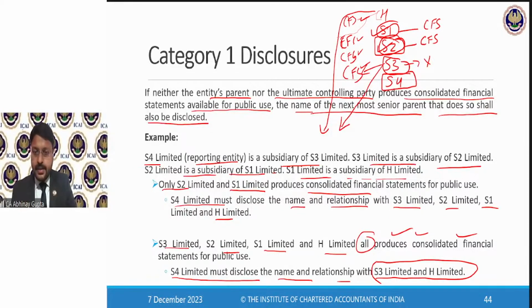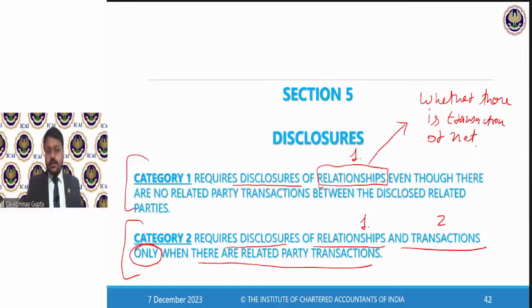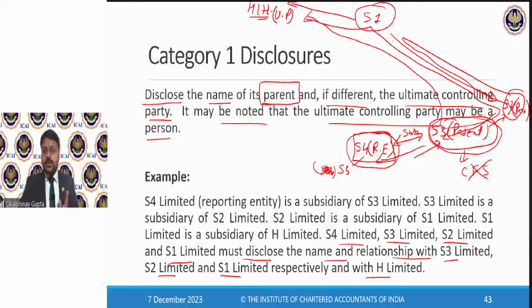So I repeat the entire concept again. Whenever in any group there are multiple step down subsidiaries, right? So this standard requires category 1 disclosures for all those relationships which they have within that group, whether there are transactions or no transactions. Now, which relationships need to be disclosed?